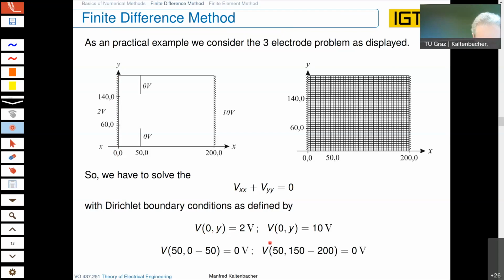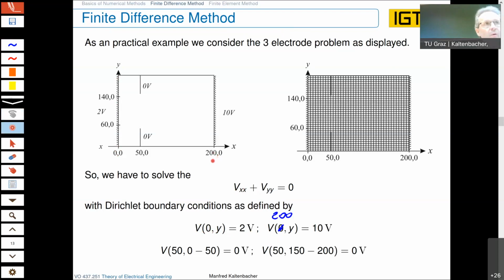And this should be 200. As you see, the space coordinate here is 200.